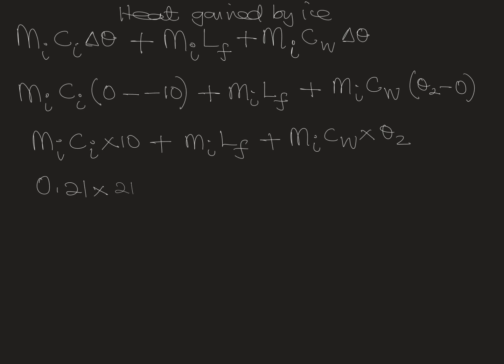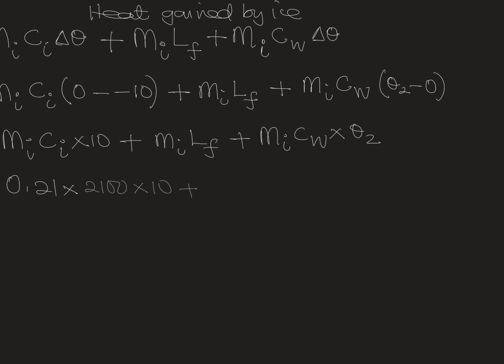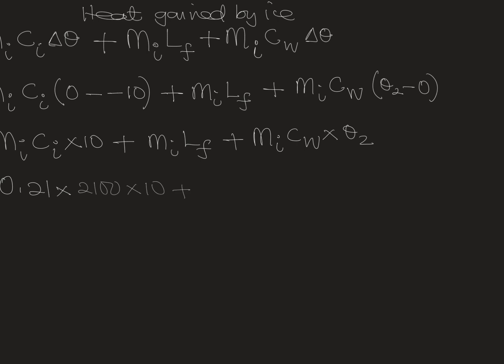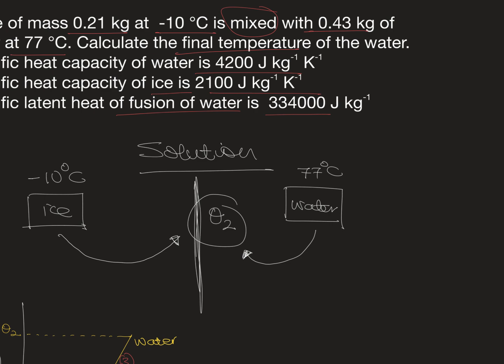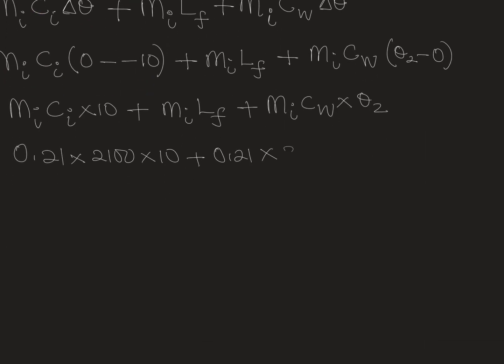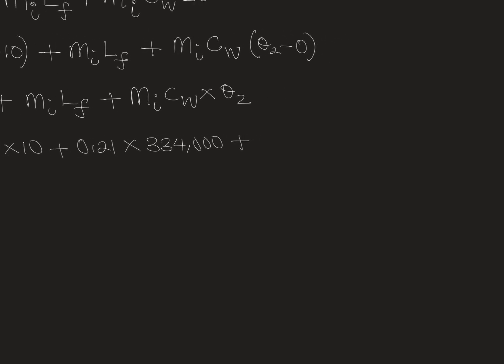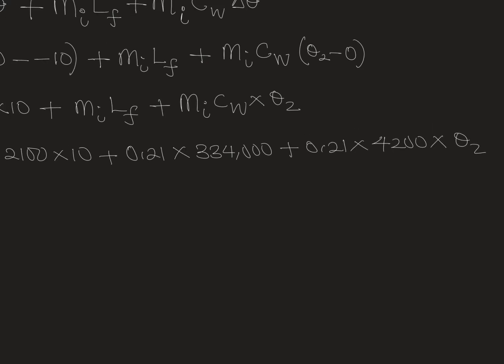So that is 2100 times 10, plus the mass of the ice, 0.21, times the specific latent heat of fusion of ice, 334,000, plus the mass of the ice, 0.21, times the specific heat capacity of water, 4,200, times theta 2.